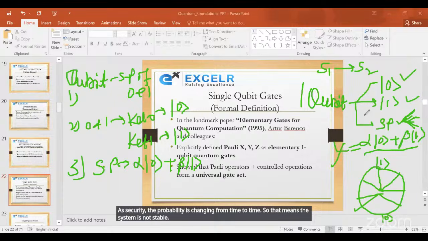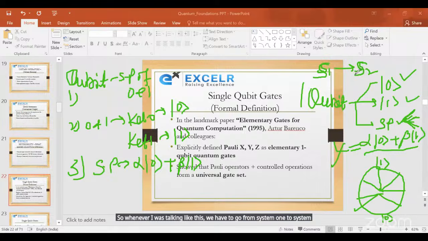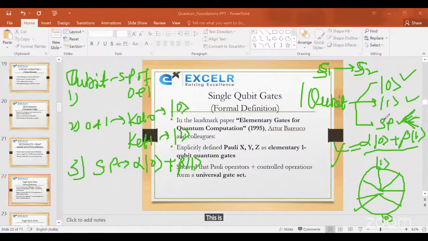Okay. So there was one question from one student. Whenever I was talking like this, we have to go from system 1 to system 2. The person is asking, but sir, why do we want to go from system 1 to system 2? What is the need for this? This is not a need of any component.